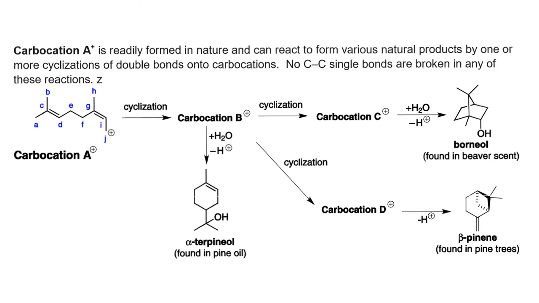So in order to work out the structure of B+, I'm going to have to use the techniques that you've just been reading about and try and match the chain that I see in carbocation A to the chain that has really become a ring in alpha terpineol over here. So comparing carbocation A+ and alpha terpineol, what jumps out at me is these two methyl groups attached to a carbon, which I can see here in the alpha terpineol as well.